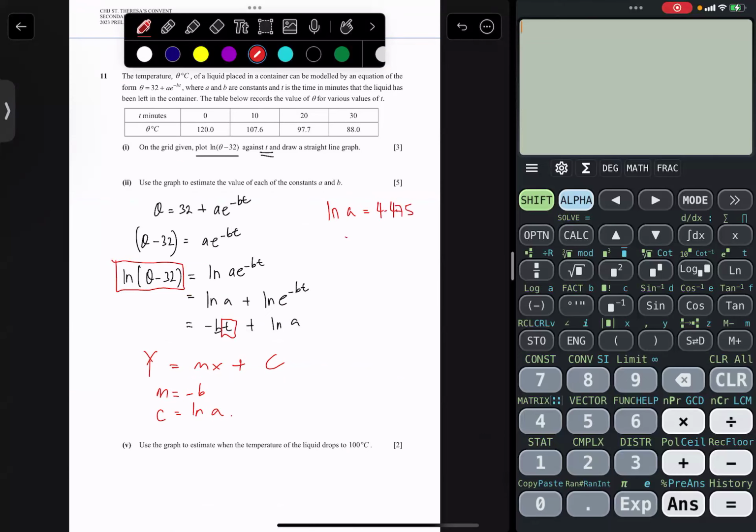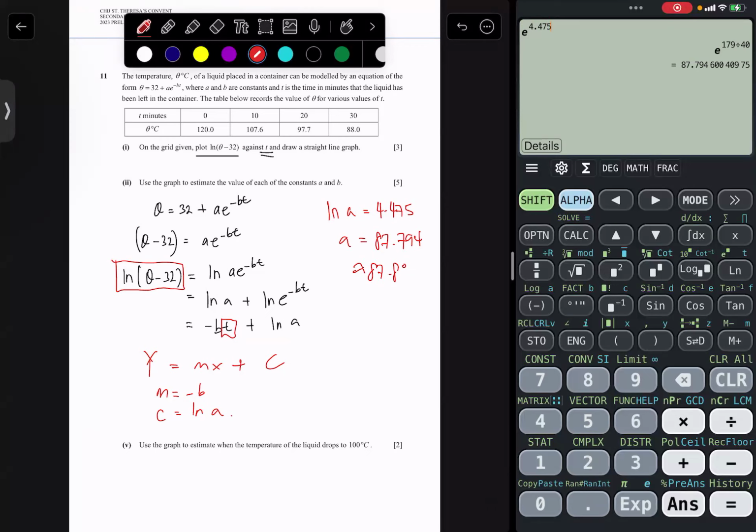So A equals to e to the power 4.475, which is 87.794, okay? 87.8.